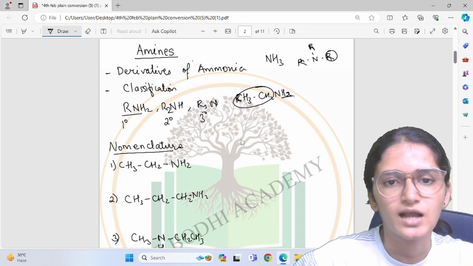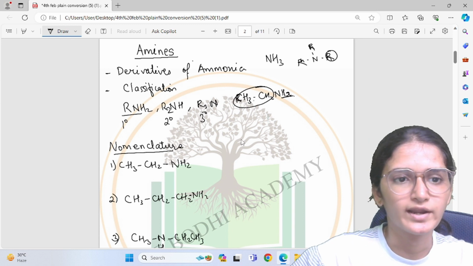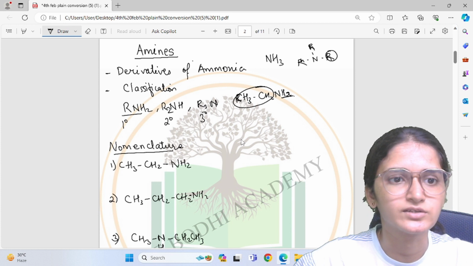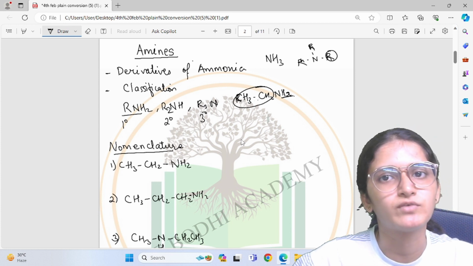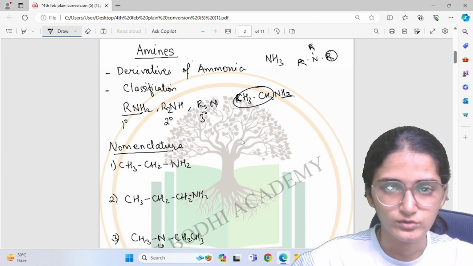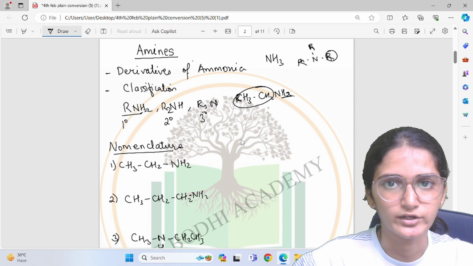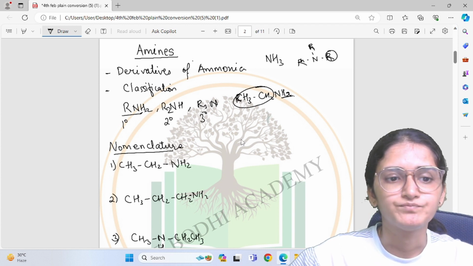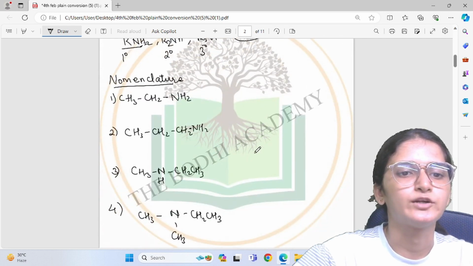This whole is the R group, so this will be called a primary amine. One simple way to remember primary, secondary, tertiary is to look at the number of hydrogens. Whenever you have two hydrogens, it is a primary amine. Whenever you have one hydrogen, it is secondary, and whenever you have no hydrogen, just nitrogen, it is a tertiary amine.